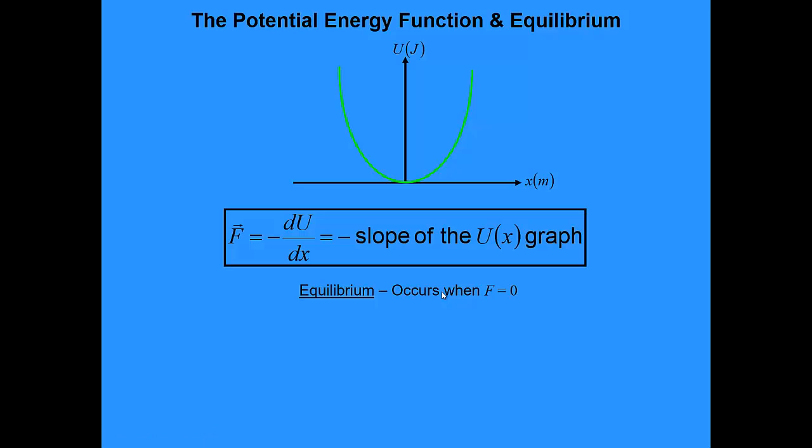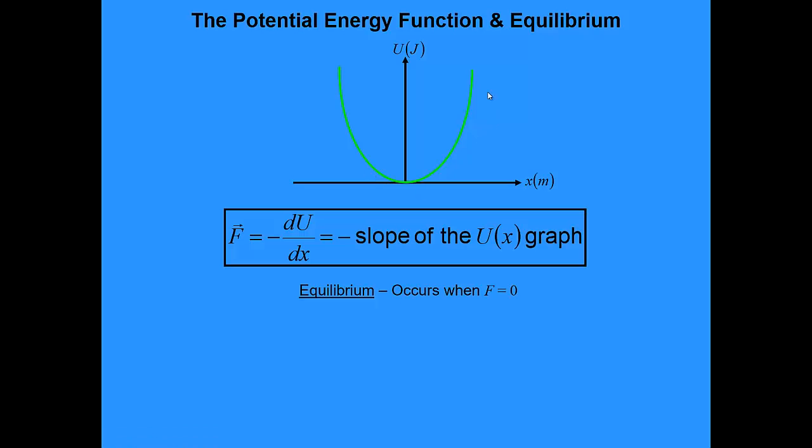But there are actually 3 kinds of equilibrium that they want you to know about on an AP test. Which kind is this? Well, to figure out what kind it is, let's take a look at what happens if we move a little bit to the right of equilibrium, or if we move a little to the left of equilibrium on the graph, which in this case corresponds to stretching the spring a little bit to the right or compressing it a little bit to the left.